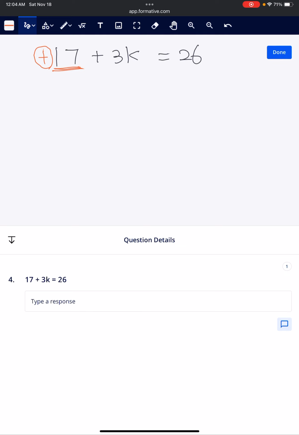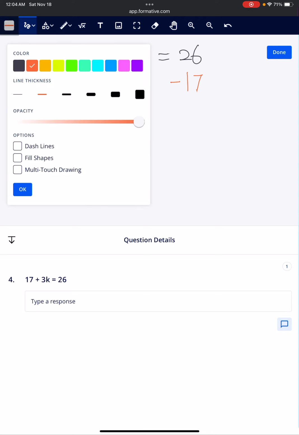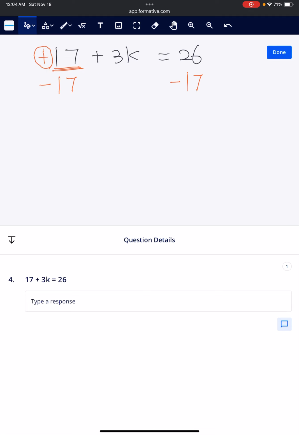So the opposite of plus is minus. You need to subtract 17 from both sides. And then this number is gone, and you have 3k left. And on the right side, 26 minus 17 becomes 9.